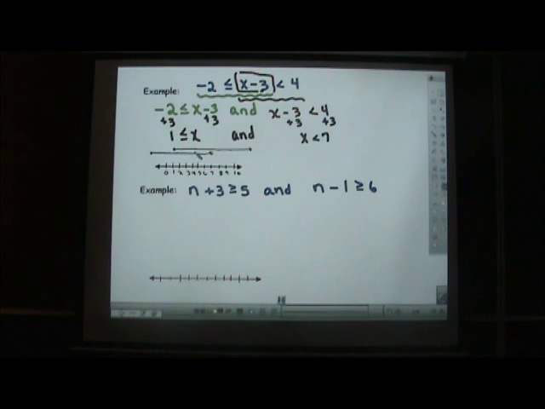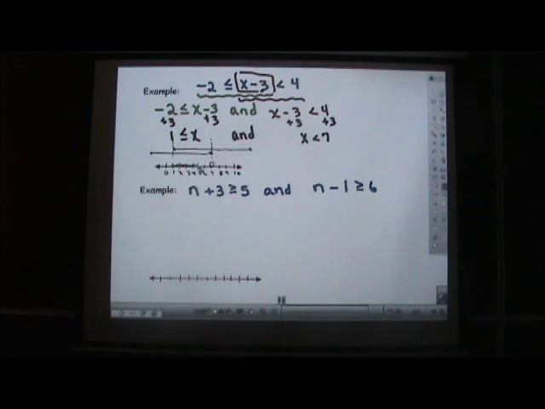So there's my thinking of the two parts. What I'm looking for is where do they overlap. I can see starting right here at the closed circle and going over here to the open circle that they overlap between. So what I'm going to bring down for my solution is the closed circle here at 1, and I'm going to bring the open circle for the 7, and then I'm going to shade in between.